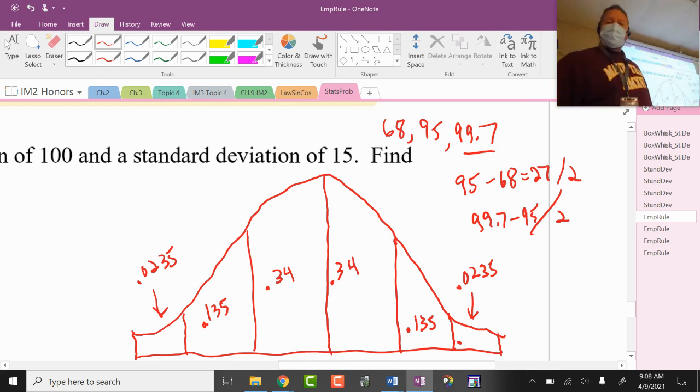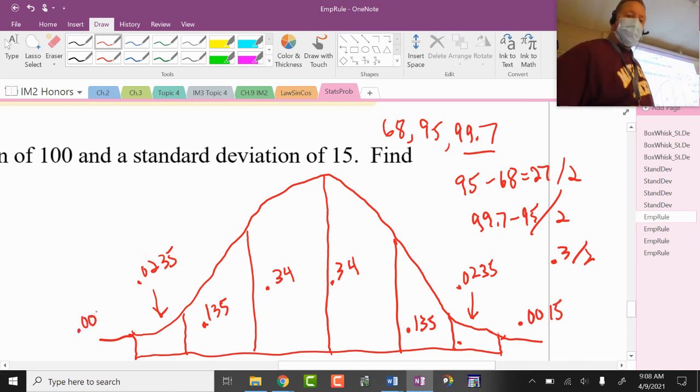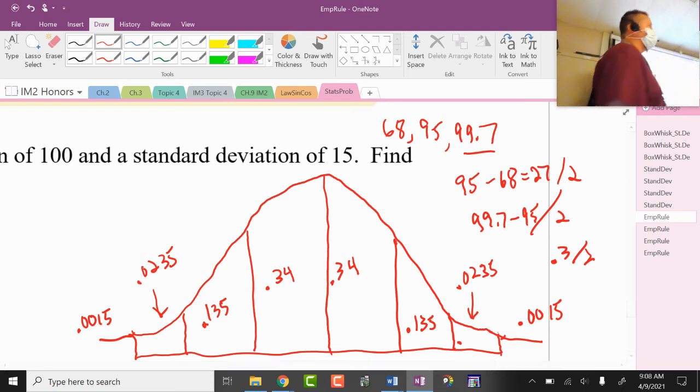All right, and then the last tails, these little barely likely to happen situations, 0.3 divided by 2, which is 0.15, but that's 0.0015. And this is 0.0015. These all add up to 100, or I'm sorry, 1, now that I changed them to decimals.